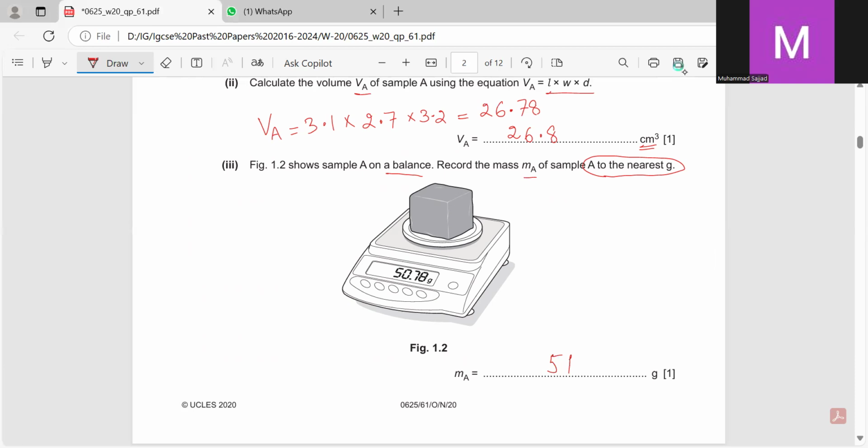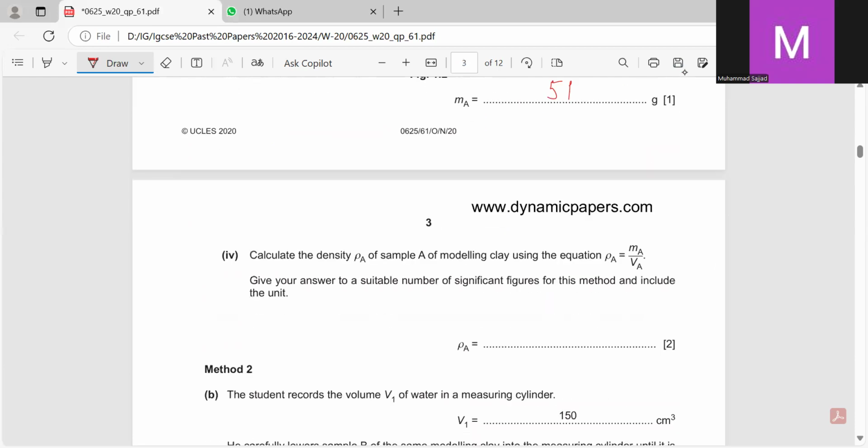So we got the mass also, and now we are supposed to calculate, of course, the density. And again the rule for density is given. Calculate the density rho A of the sample A of the modeling clay using the equation rho A is equal to MA over VA.